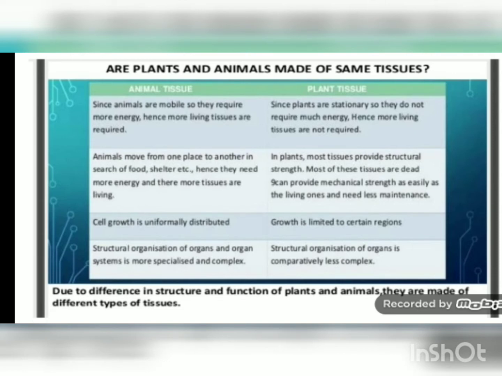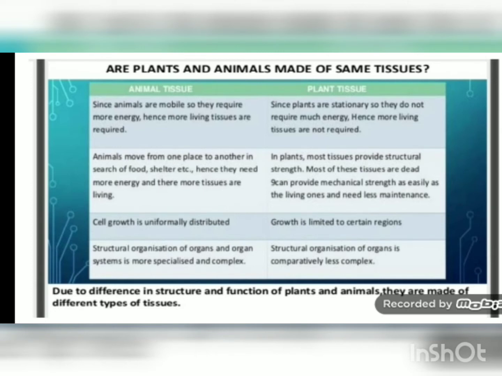Plants are stationary, whereas animals continuously move. So the tissues required by the plants are mostly not living, they are dead, whereas the tissues required by animals are living tissues, they are made up of living cells. So here we will study the difference between plant tissue and animal tissue.